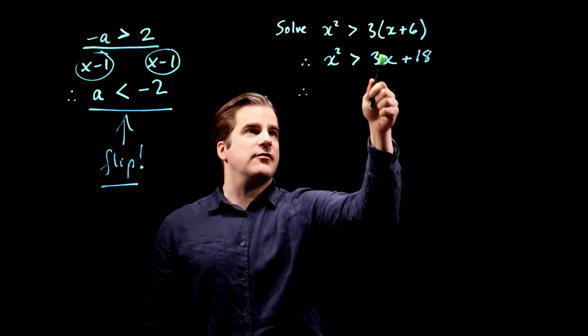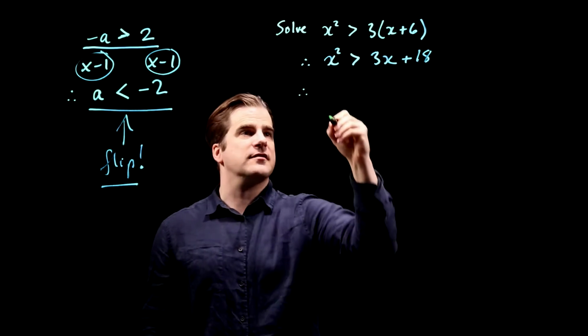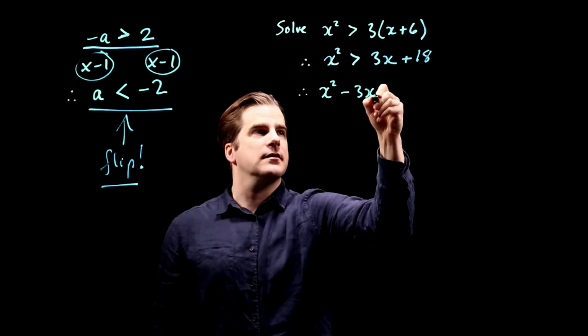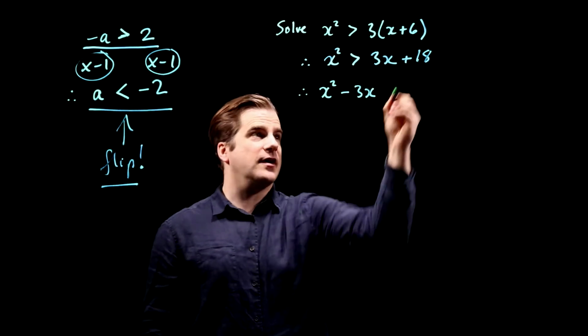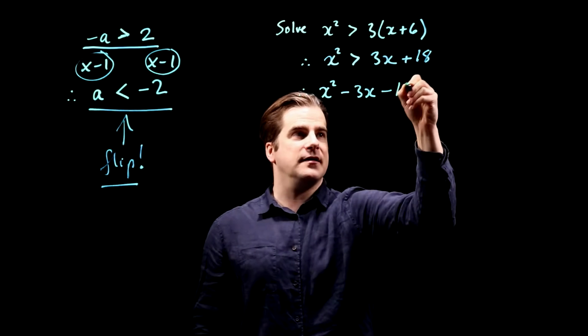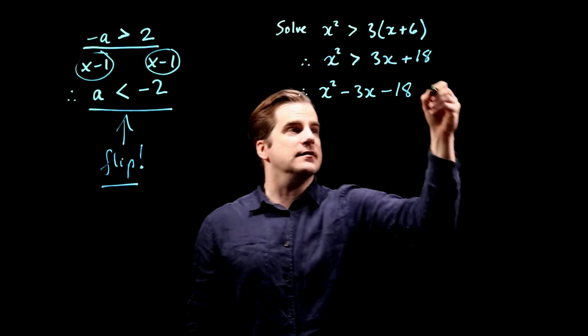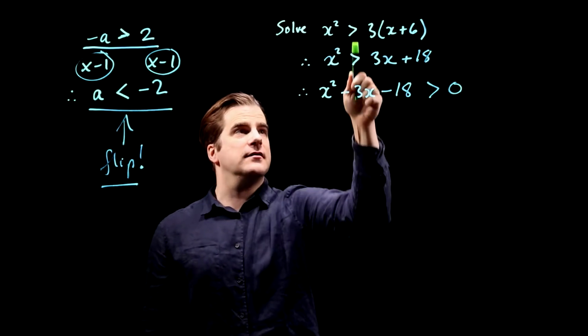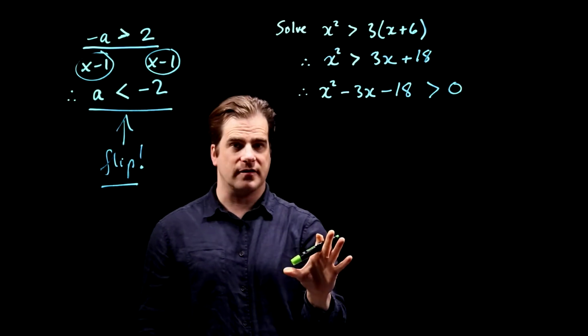We're going to take the 3x over here by subtracting 3x from both sides. So we get x squared minus 3x. And we're going to subtract 18 from both sides, get that over here. Minus 18. And is greater than 0. So thus far, the inequality is behaving just like an equals sign, okay?